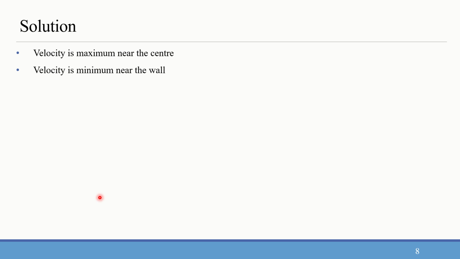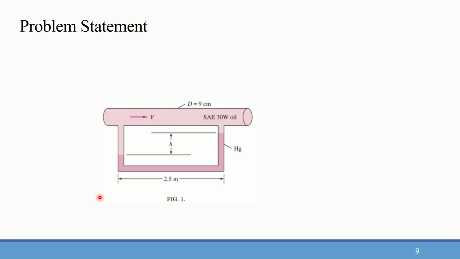So now we will go on to the next problem, that is question 9. Question 9 is a problem with a manometer kind of a thing. So what we got here, we are having some mercury. The Hg is mercury here. And we have oil flowing in a pipe, and we have connected a mercury manometer.